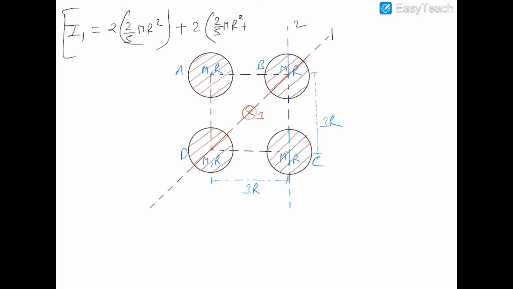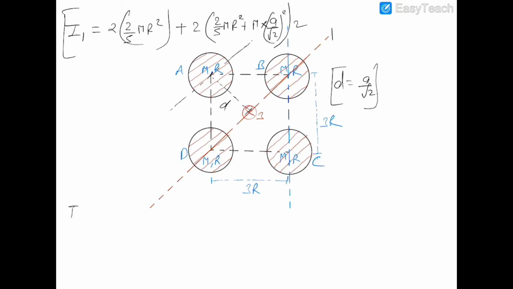Now we have already located that this axis is parallel to axis number 1 and this is also passing through sphere A. So the moment of inertia of sphere A about axis 1 would be I_COM plus m into this distance d². And we know that this distance d is equal to a/√2. So this is m into (a/√2)².